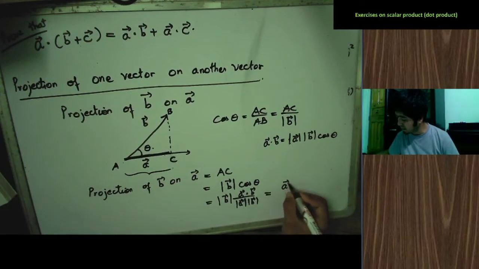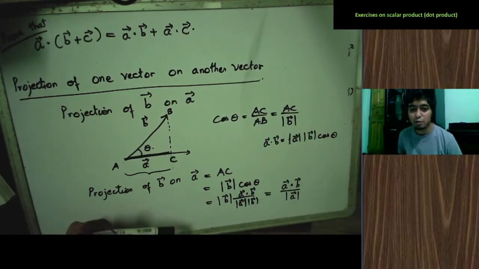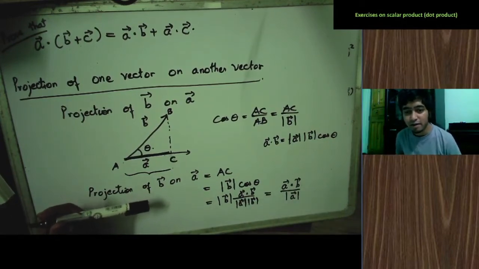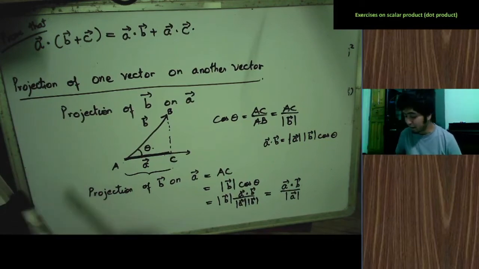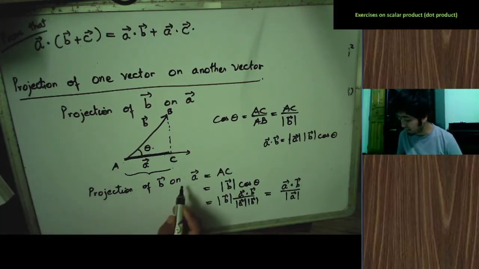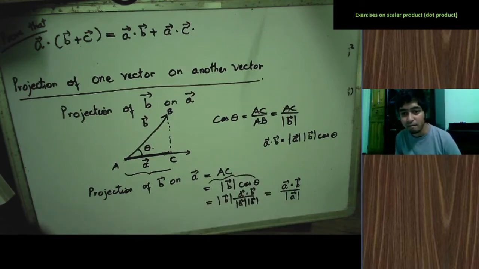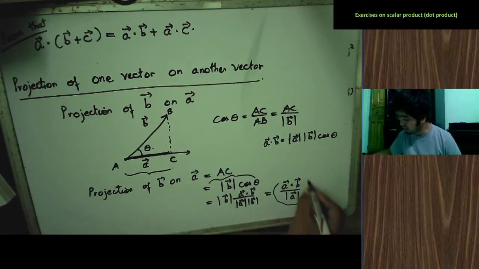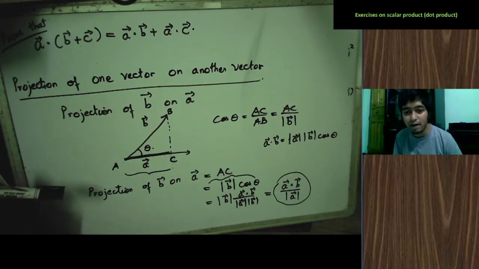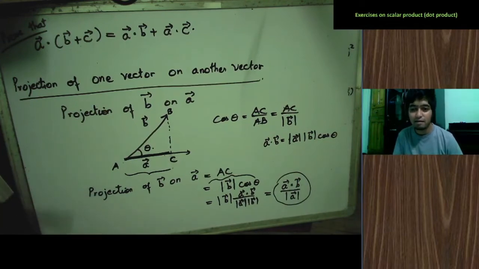We will get A dot B divided by mod A. So this is the projection. I hope it is clear. Whenever you are asked to find the projection of one vector on another, you can either use this formula, which is B cos theta, or you can use A dot B divided by the magnitude of A.